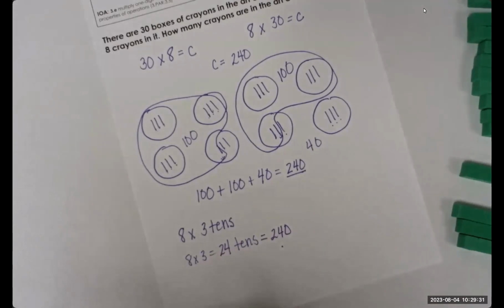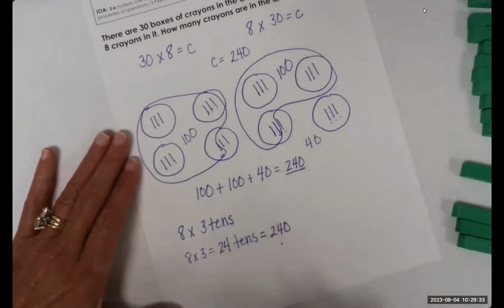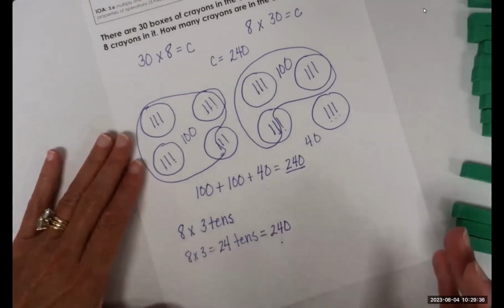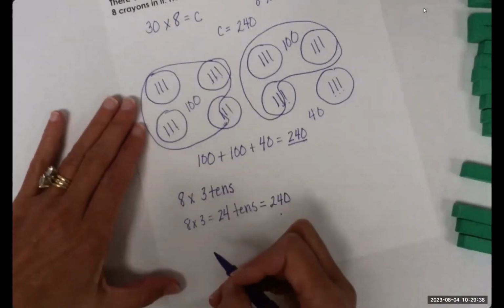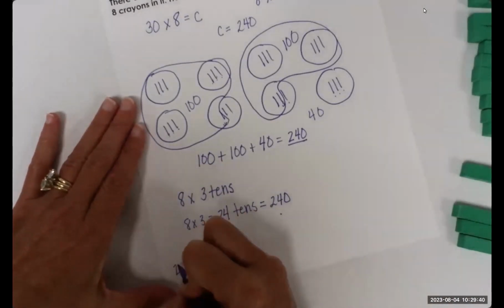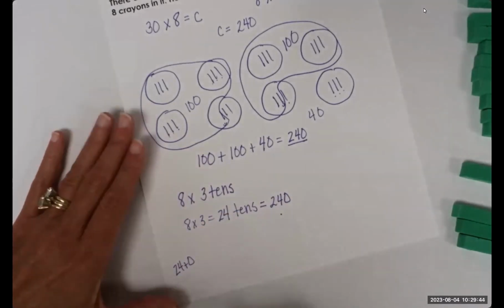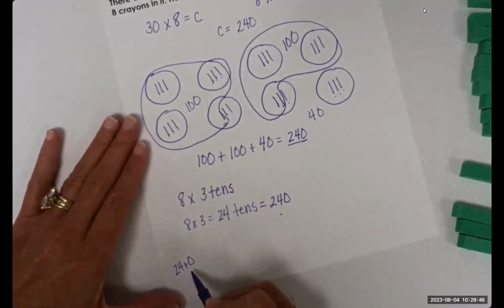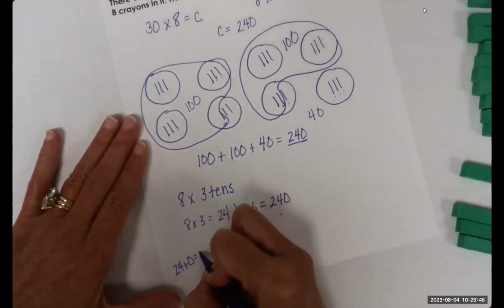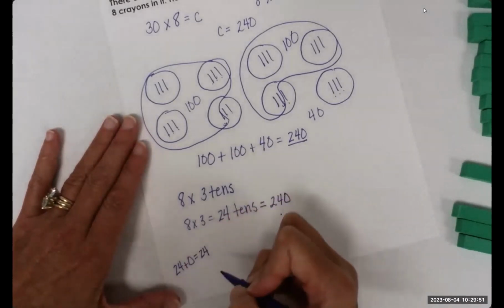We are not just adding a 0 here. If we did add a 0 to 24, because that is what we are saying, when you add a 0, you get 24, okay?